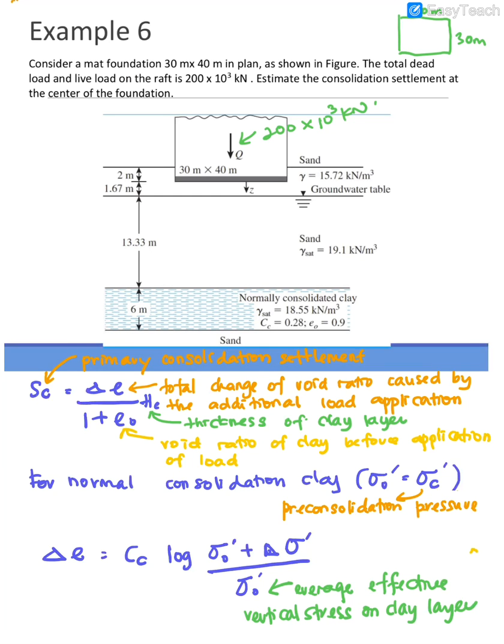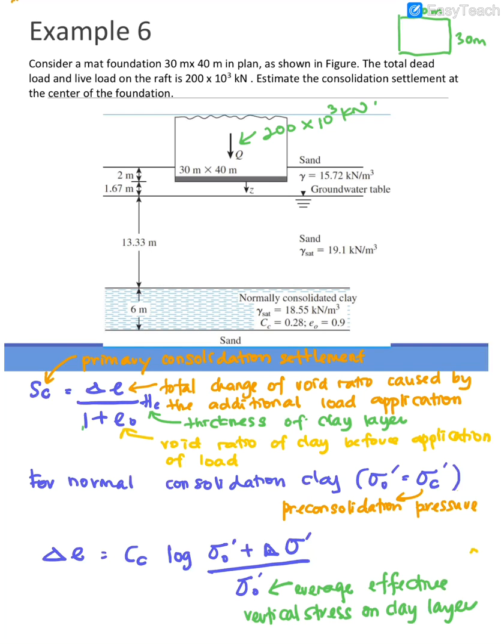I wrote here, Sc is the primary consolidation settlement, equal to delta e over 1 plus e naught. Delta e is the total change of void ratio caused by the additional load application, e naught is the void ratio of the clay before application of loads, and Hc is the thickness of the clay layer. So that is the equation for the primary consolidation settlement.